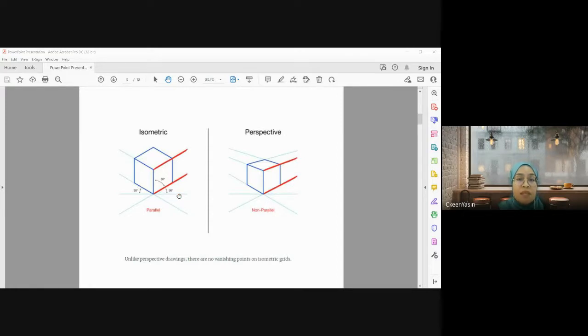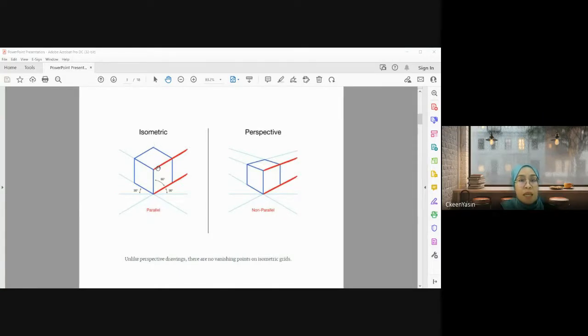And in perspective, the further you look, the smaller the object becomes. But isometric is simple.